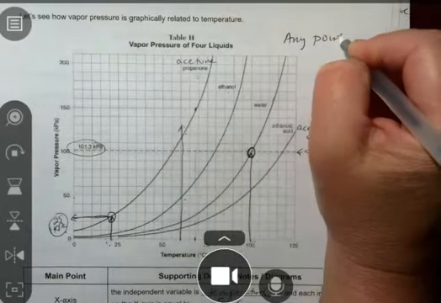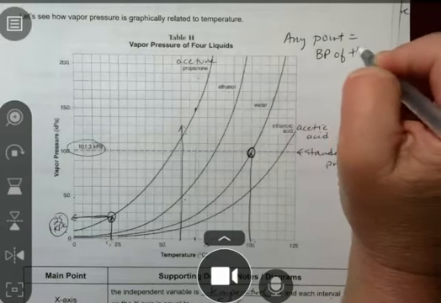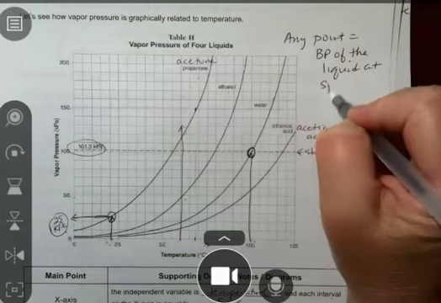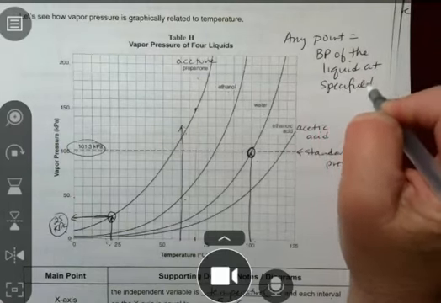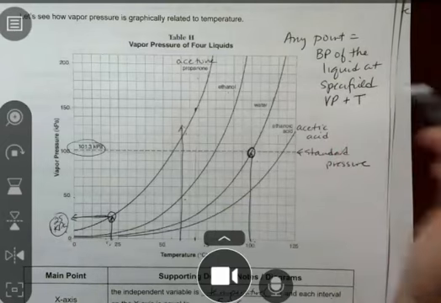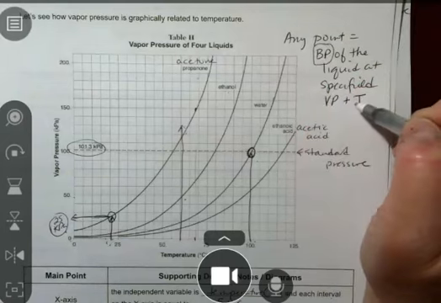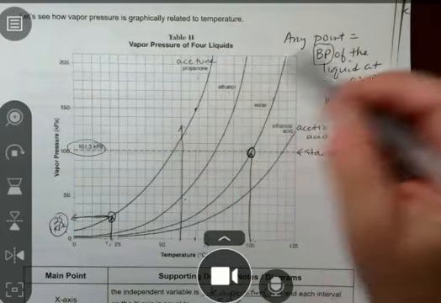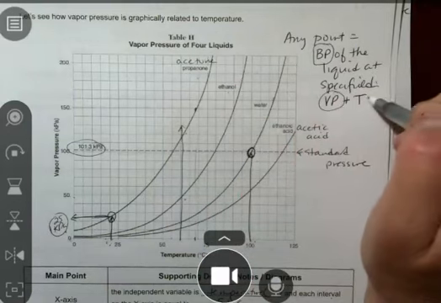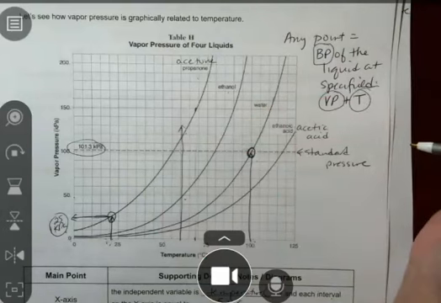Any point gives you the boiling point of the liquid at the specified vapor pressure and temperature. So any point on the graph will tell you the boiling point of the liquid if the vapor pressure is that pressure and the temperature is that temperature.